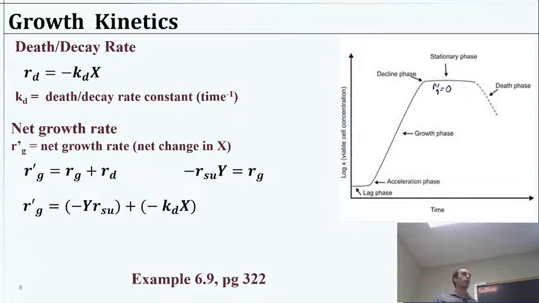We kind of already wrote that up as a description. Then we can rearrange these things, if we'd like to, to get this net growth rate in terms of substrate utilization and that death rate. That might be helpful sometimes.